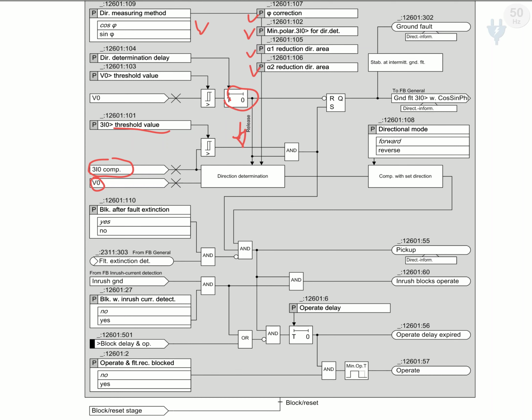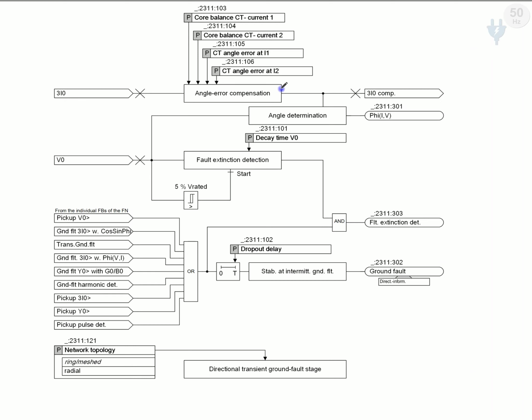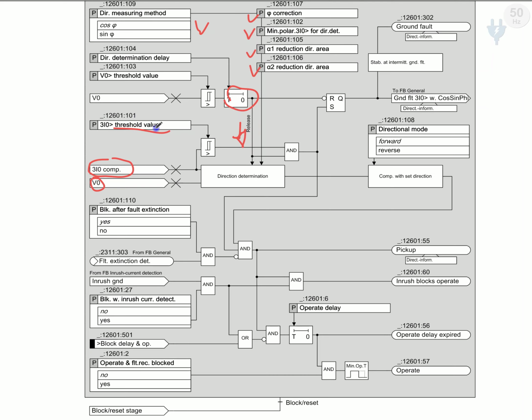We already discussed in the first and second session what this zero sequence current compensated value is. Some angle correction, angle error compensation is required to achieve the compensated zero sequence current. This compensated value of the zero sequence current is supplied to our direction determination block.